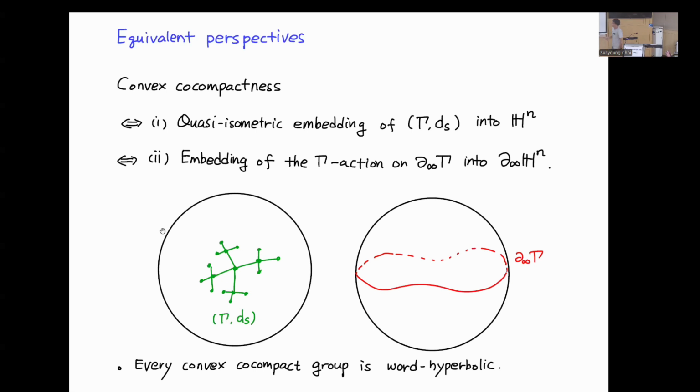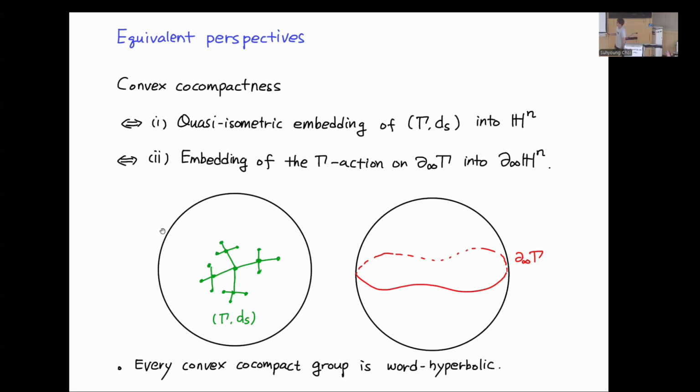Okay, so then there are many equivalent conditions for convex co-compact groups. Here I just want to mention the perspective. The first is a quasi-isometric embedding of the Cayley graph of the group gamma into hyperbolic space, by the Morse-Švarc lemma.